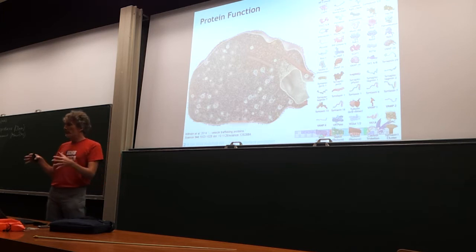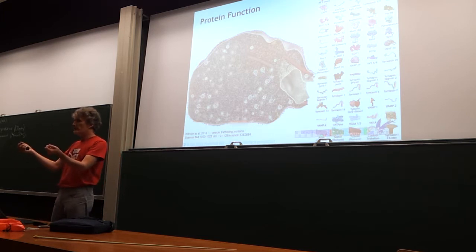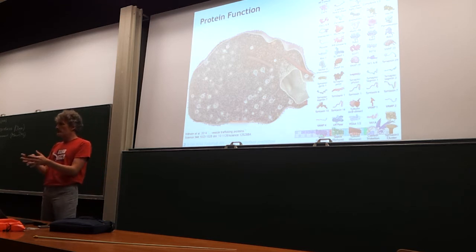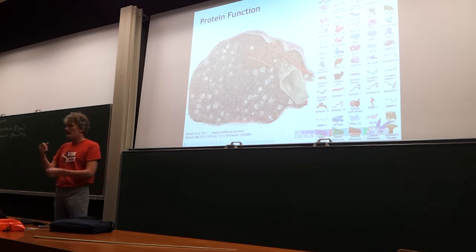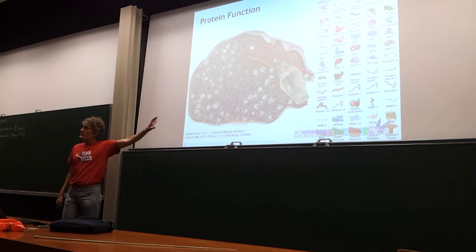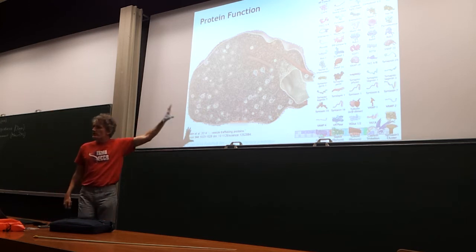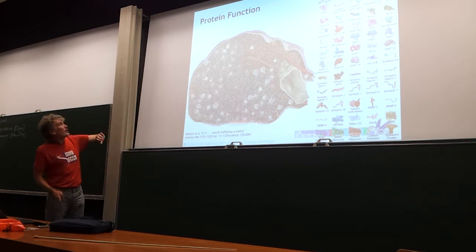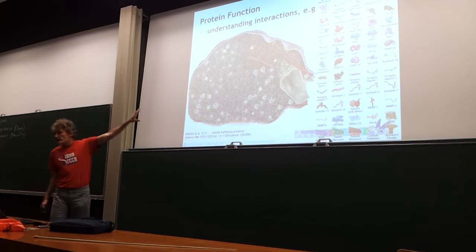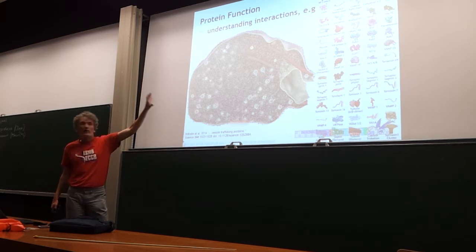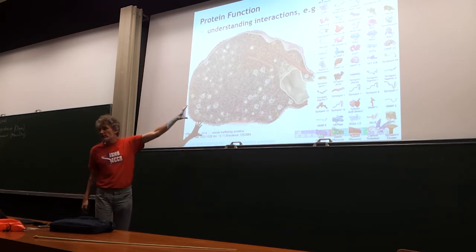If you open the engine compartment, the bits are there, but they're all slightly off. They're not connected. The pistons aren't connected, and the cog wheels aren't connected. So the missing thing here is protein interactions. This is always my introduction to why I think protein interactions are important. It's about understanding these interactions, but also being able to predict them, so you can understand protein function and cellular function at a larger scale.